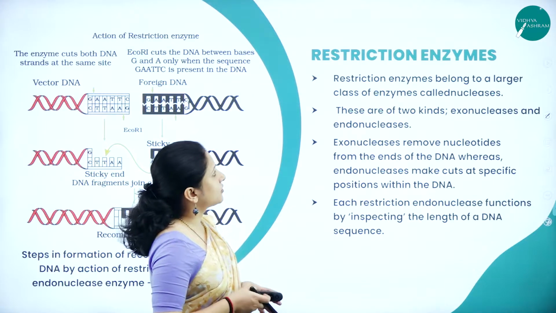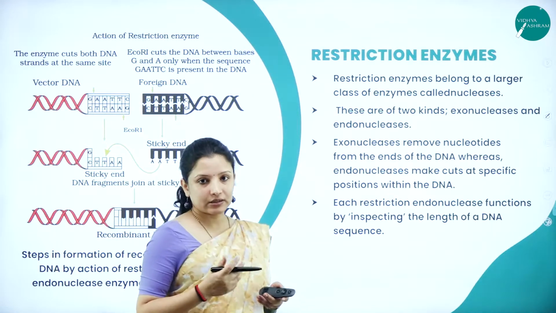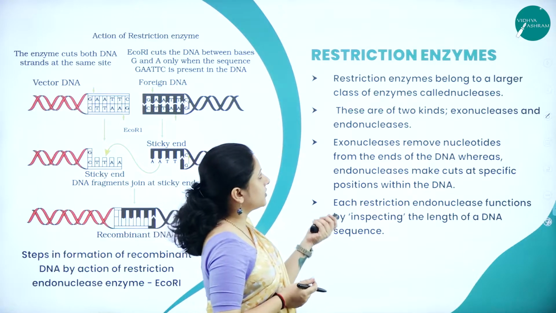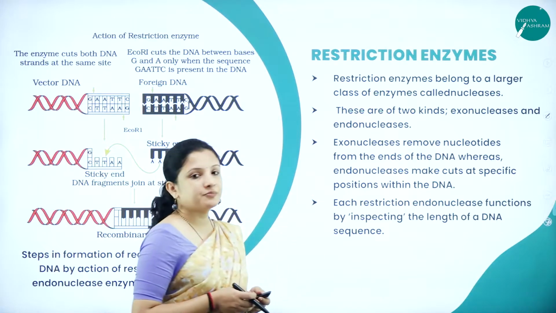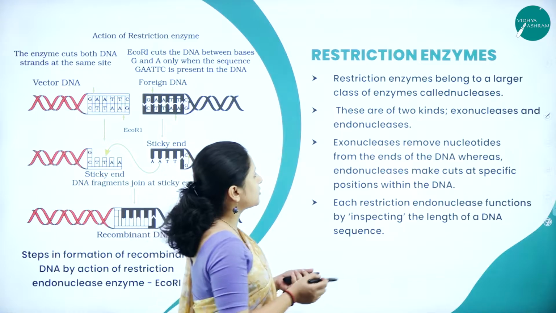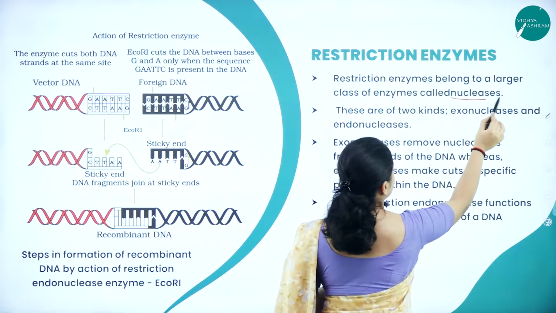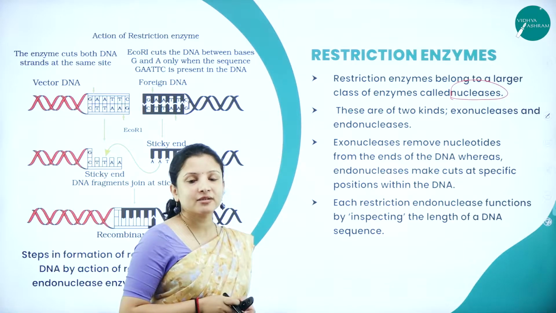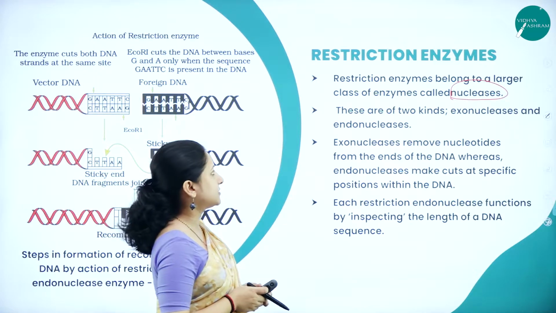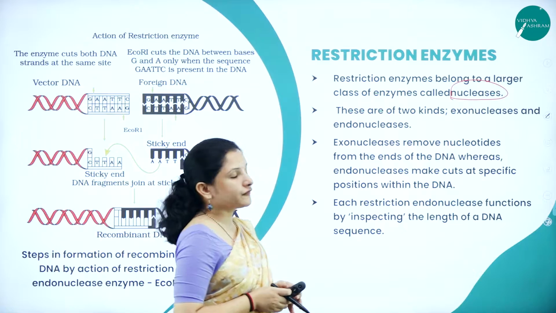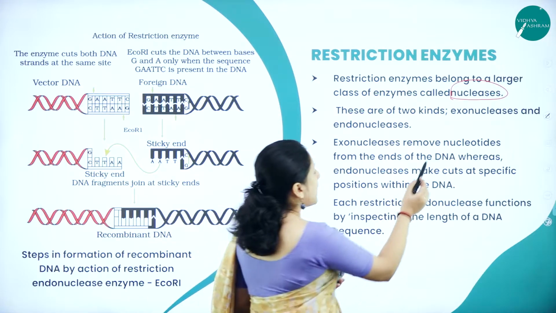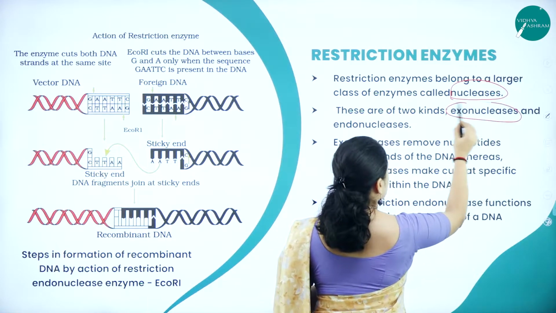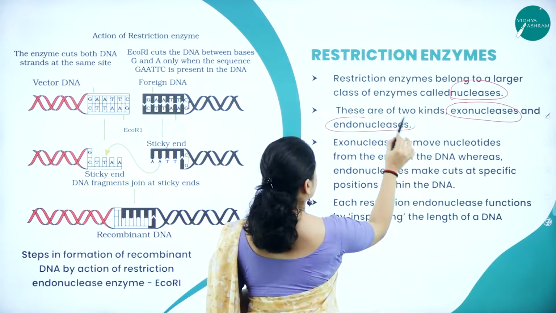Next, let's look into the different classes of enzymes. Restriction enzymes belong to a larger class of enzymes called nucleases. That is why the name restriction endonucleases. There are two kinds of nucleases: one is exonuclease and the other is endonuclease.